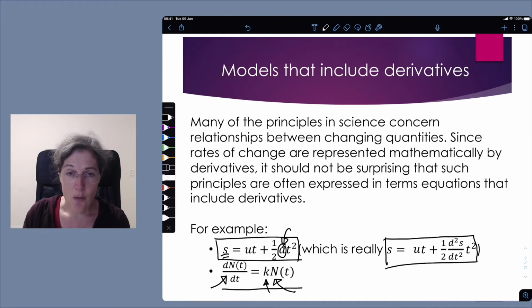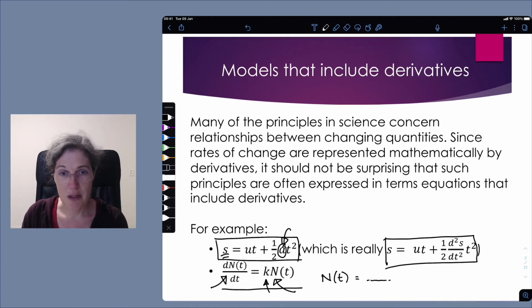So again, we've got an equation that has a derivative in it. But ultimately what we would like to have is some function N of t, which is equal to something that just involves t. It doesn't have any derivatives. So that's what we're going to start looking at for the rest of this lecture.